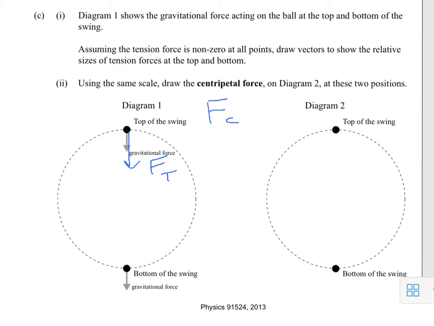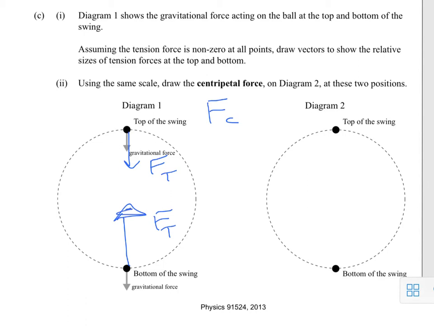There's two diagrams. Diagram 1 shows the gravitational force on the ball at the top and bottom. So at the bottom you're going to have a greater tension force in that direction towards the centre, and it has to be larger than when it's at the top of the curve.